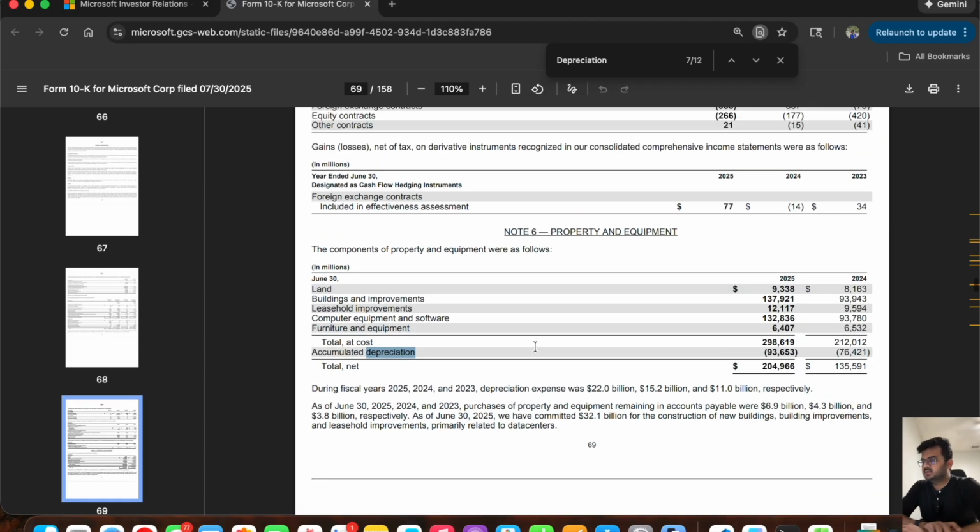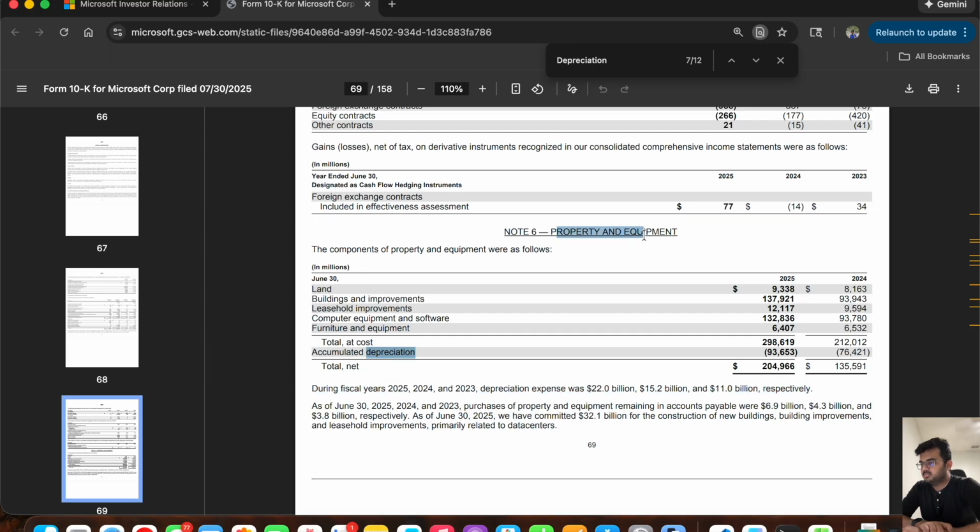Okay, this is the information I'm looking for. If you see, this is a property and equipment footnotes. Here they have mentioned how much depreciation have occurred on year and total accumulated depreciation. What I am more interested is this statement or this line where they have mentioned during the fiscal year 2025, 2024, 2023, depreciation expense was $22 billion, $15.2 billion, $11 billion respectively.